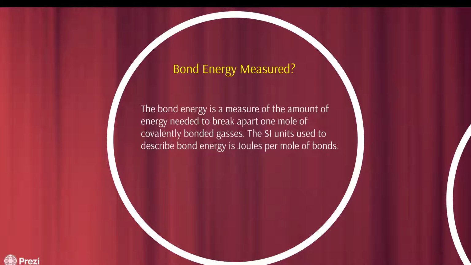In general, we measure a bond energy by breaking apart gases that have a particular bond that we're interested in, and then using joules to calculate that.